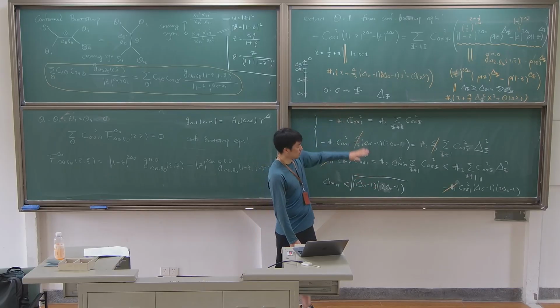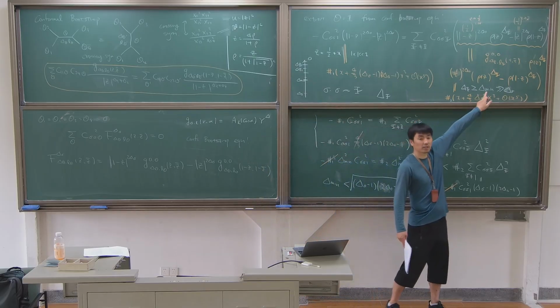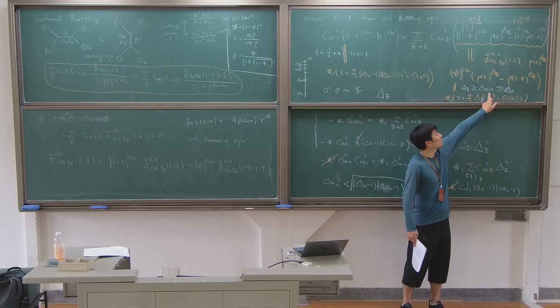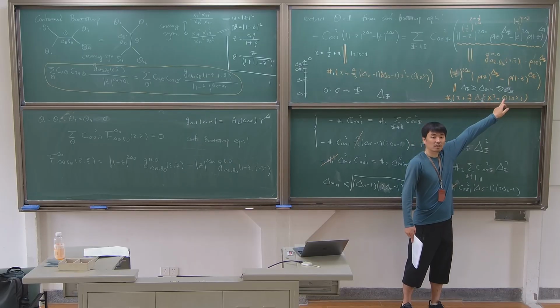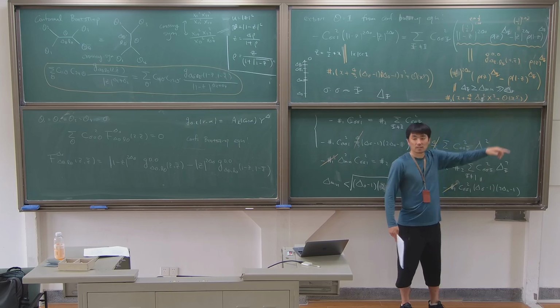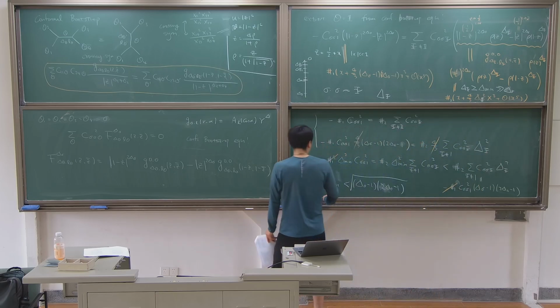So delta min is less than this one, but this breaks the assumption. Here I assumed delta min is far less than delta sigma, so there's a contradiction.